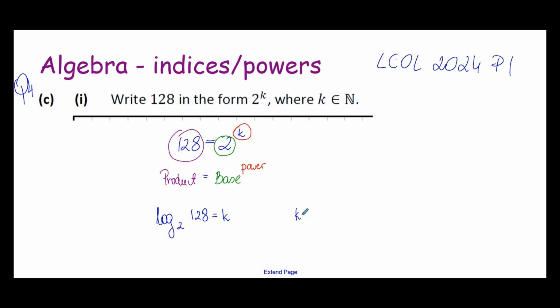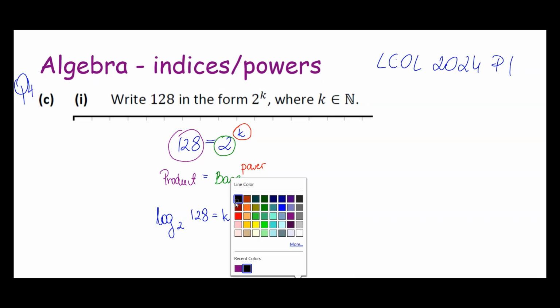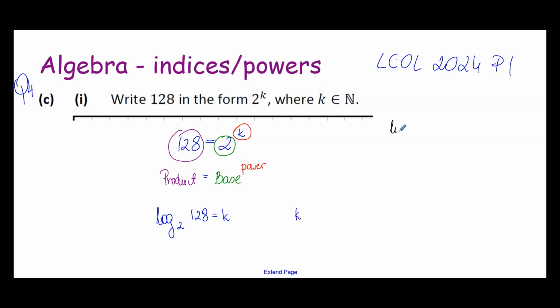We put that in our calculator. Everybody has a slightly different calculator, but you have to look for the one that has log written on it and has a small square and a bigger square.